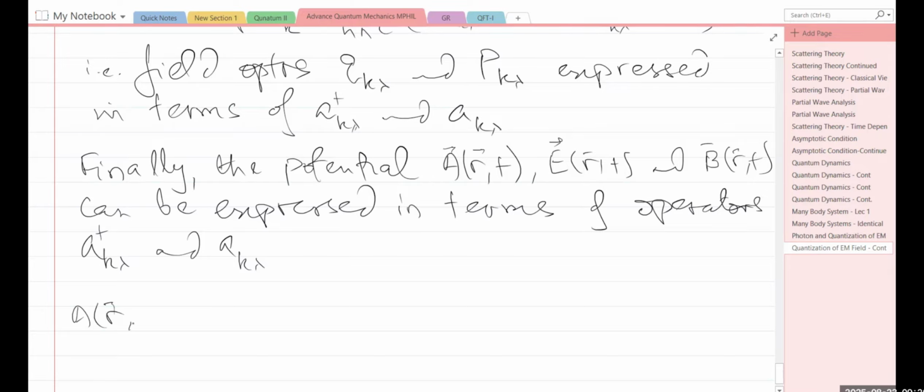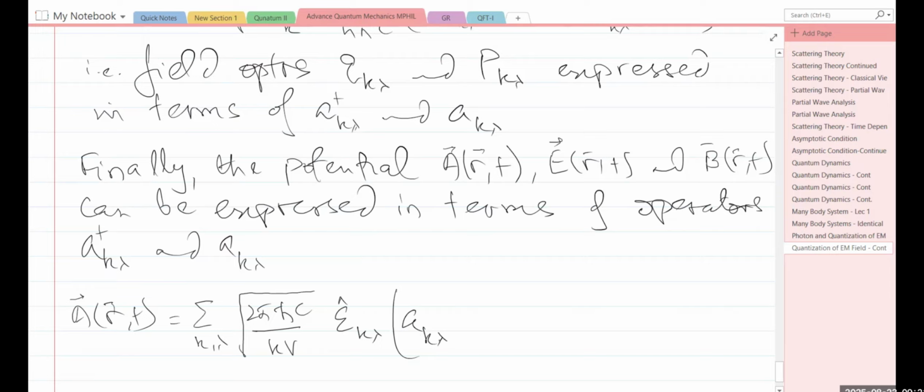The equation for A of r comma t, in vector notation, is the summation over k comma lambda of the factor 2 pi h bar c over k V times epsilon k lambda, the polarization vector, times a_k lambda e to the power plus i (k dot r minus k c t), plus a_k lambda dagger times e to the power minus i (k dot r minus k c t).